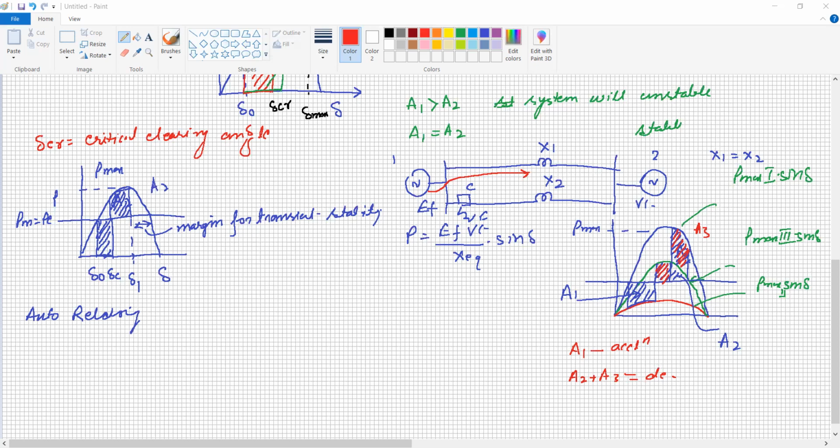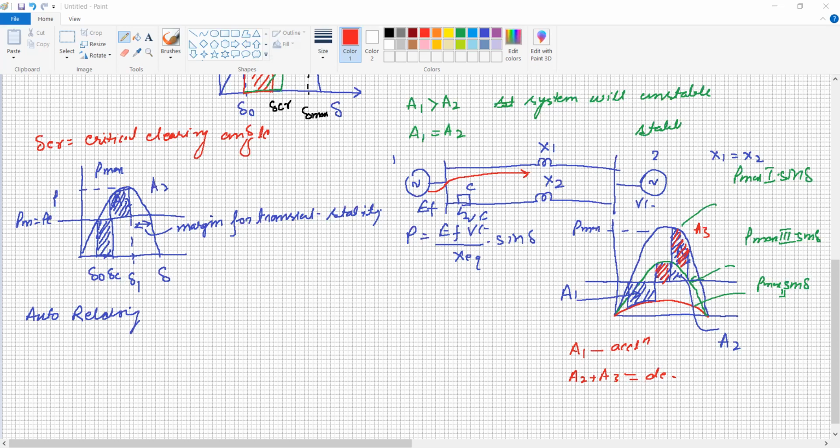Now again, the speed of the alternator goes to a value smaller than the synchronous speed. So it will take some time to settle at a new equilibrium position. If the acceleration area and the deceleration area become equal, the system is going to be stable at a new equilibrium position. Otherwise, the system is going to be unstable.